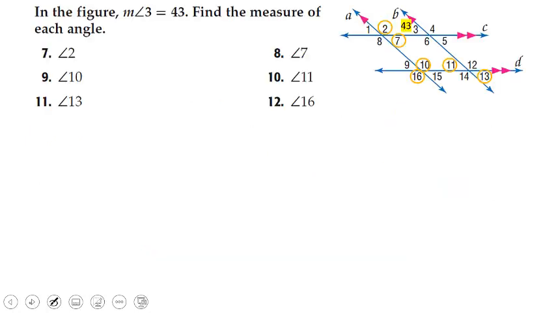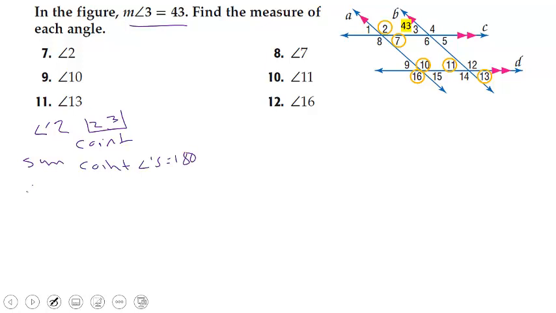So let's start with angle 2. If I draw angle 2, I know that angle 2 is over there, and the one that they give me is angle 3, and angle 3 is over there. So that gives me the sum of co-interior angles. I'm going to say the sum of co-interior angles equals 180. And then angle 2 plus angle 3 equals 180.